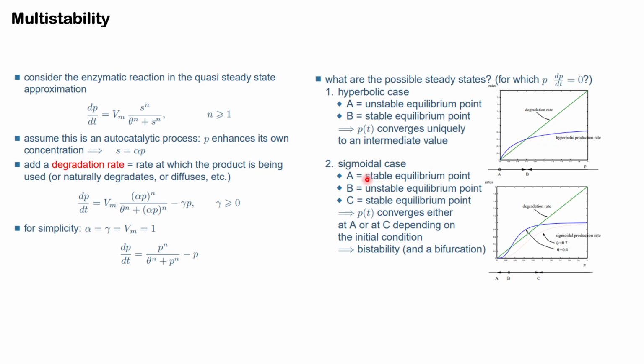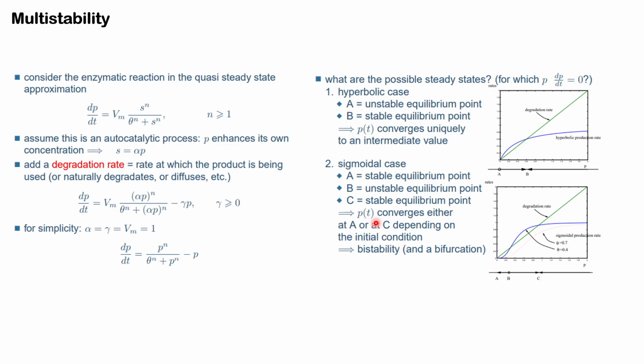In the sigmoidal case, the situation is a little bit different. You'll have more steady states. Your A, at the initial point, will be a stable equilibrium point. Your B here will be an unstable equilibrium point, this point. Your C here will be a stable equilibrium point. So you'll get three steady states instead of two.